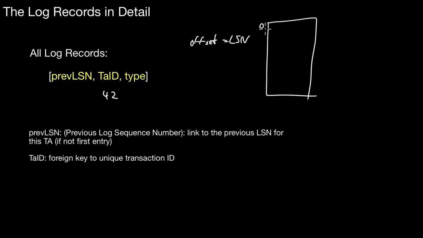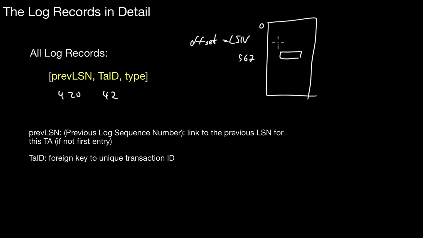So if I find a log record that sits here, let's assume it has an offset, say 567. Then it might have a backward link to 420, telling me, okay, if I go to offset 420, I find the previous log record written by that transaction.